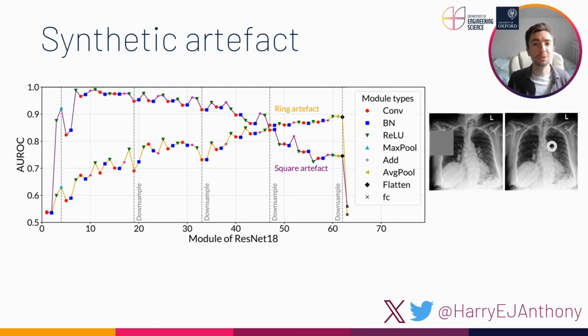We found this result really interesting, that different artifacts have completely different trends, despite the fact this is on the same pre-trained networks. From this result, we can see that there's no single layer which can optimally detect both of these artifacts. Maybe trying to find a single module in the network which can optimally detect all artifacts might be a bit misguided.